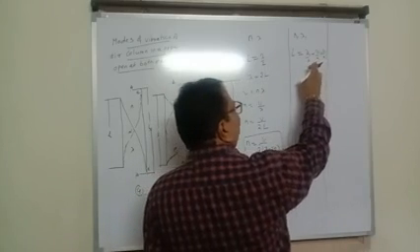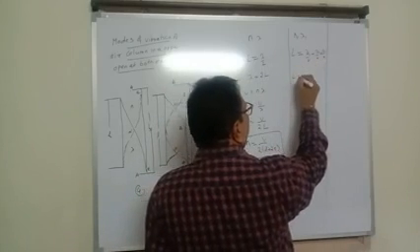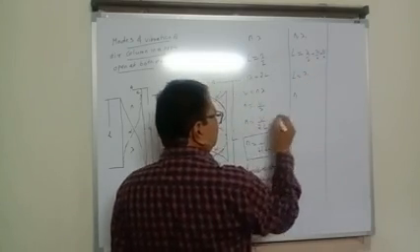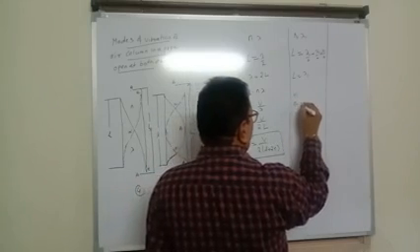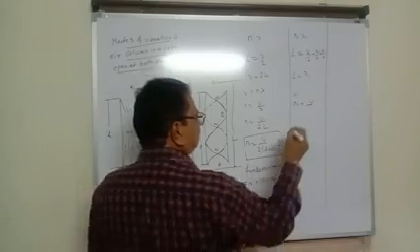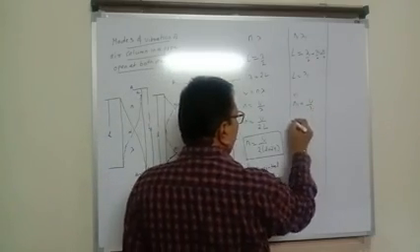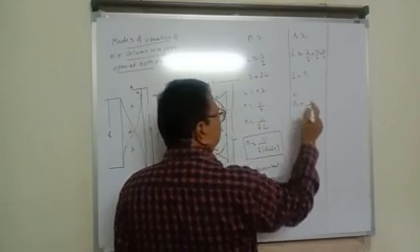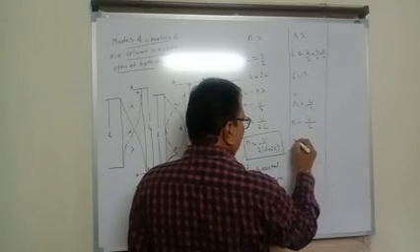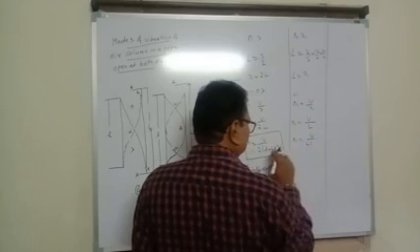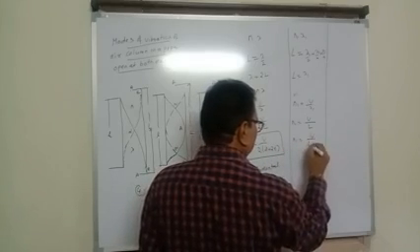Quarter plus quarter is half, half plus half is 1, or L is equal to lambda 1. So n1 is equal to v upon lambda 1, which is v upon L. What does L mean? Capital L is small l plus 2e.